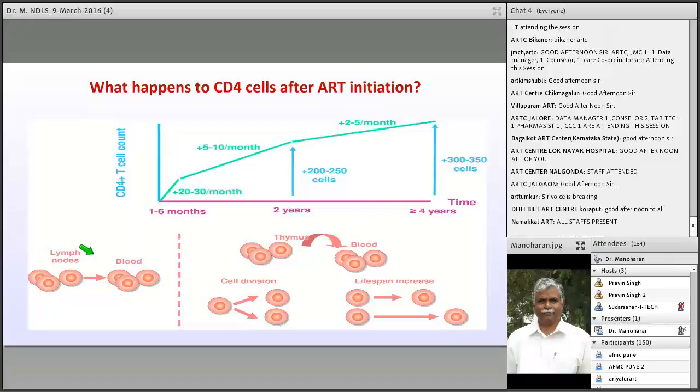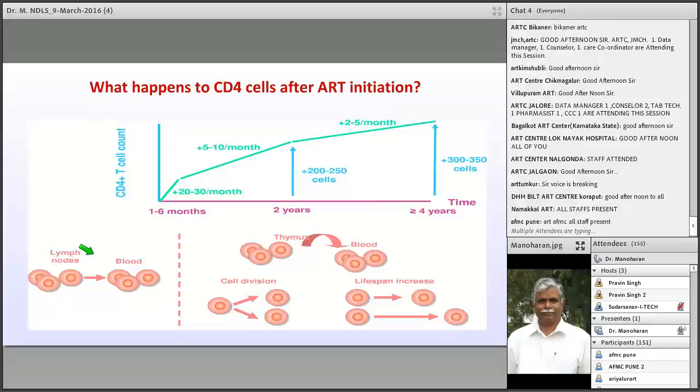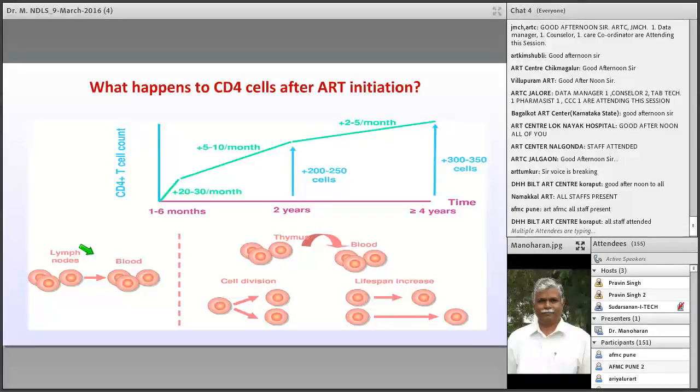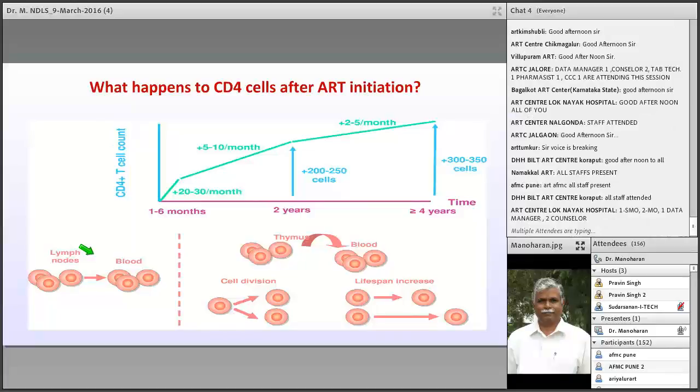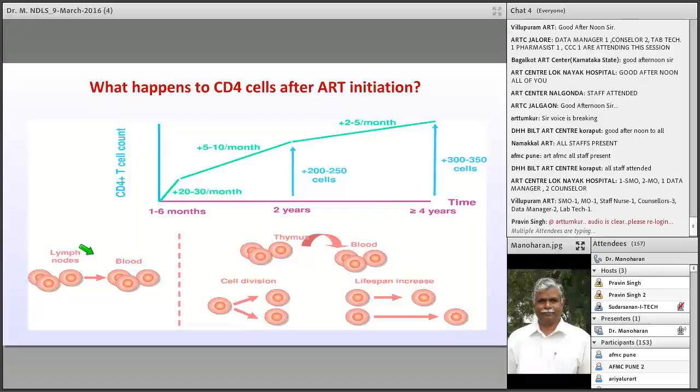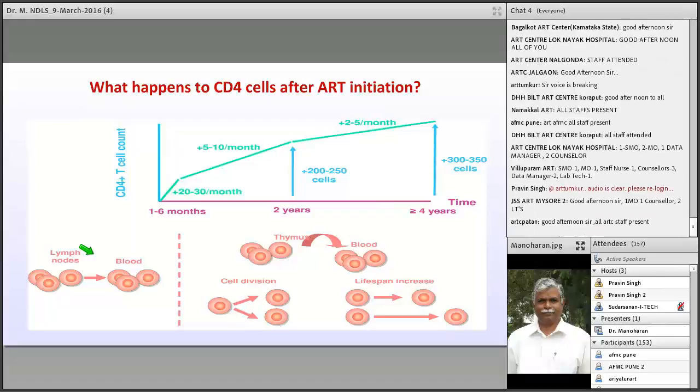Because of the HIV infection, there is a decrease in the CD4 count. And all of you know there are two types of CD4 cells, that is naive CD4 cell and memory CD4 cell. Immediately after the initiation of antiretroviral drugs, the memory cells which are stored in the lymphoid tissue are transferred back to the blood.